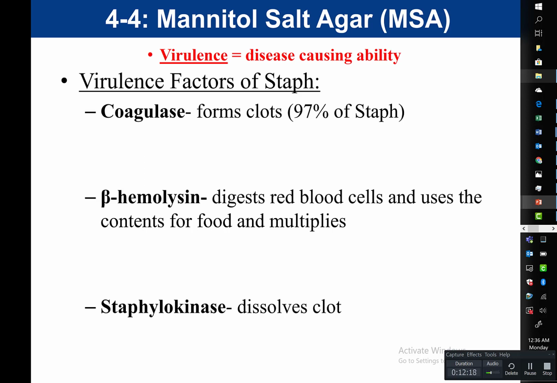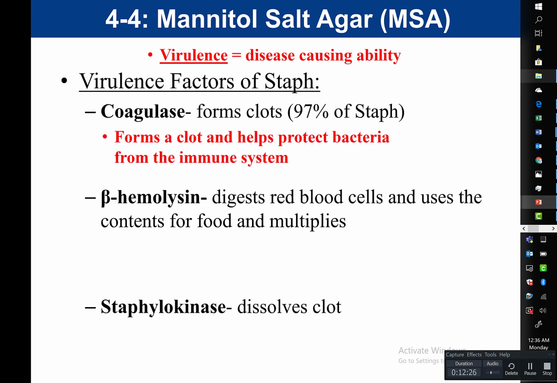About 97% of Staph aureus would contain coagulase, meaning they would produce this virulence factor. The purpose of the bacteria producing coagulase is that when it forms a clot, it helps protect bacteria from the immune system. So let's say, for example, you get a cut and the bacteria gets into that wound, right?